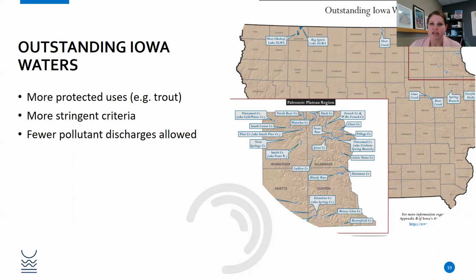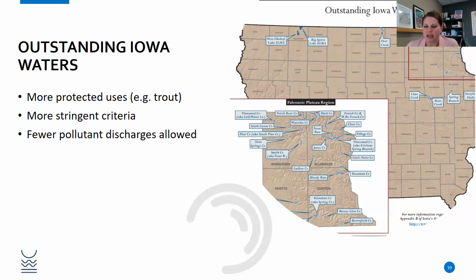And so there are a few more factors that are considered when there are potential discharges to those waterways. And we find most of these waterways in Northeast Iowa. These are a lot of cold water trout streams that are unique to that area because of the karst landscape. There are a few outside of that area, of course.